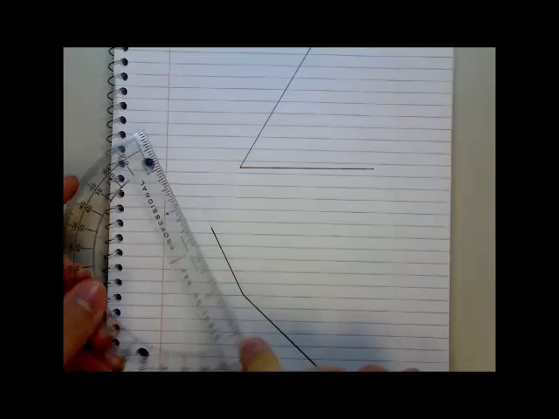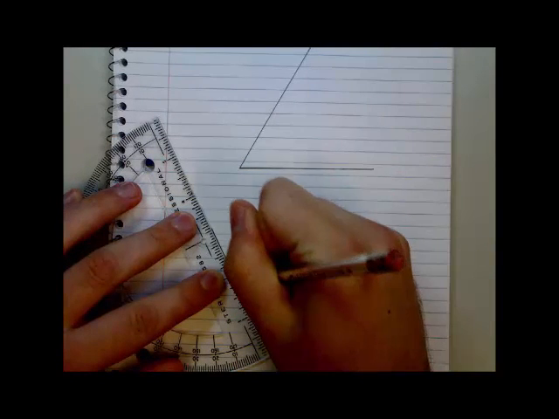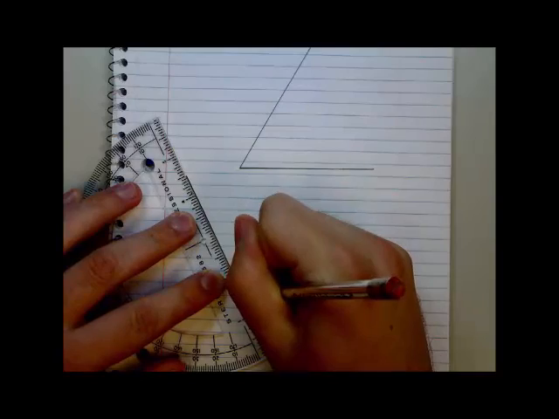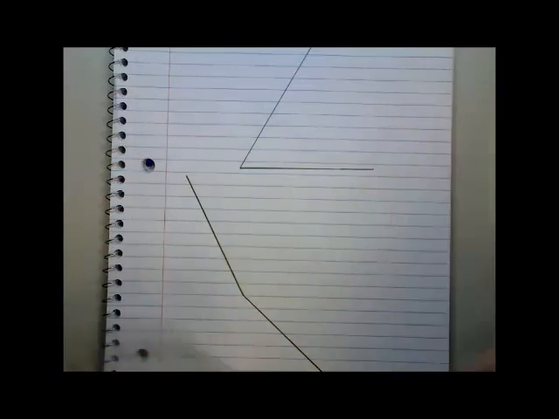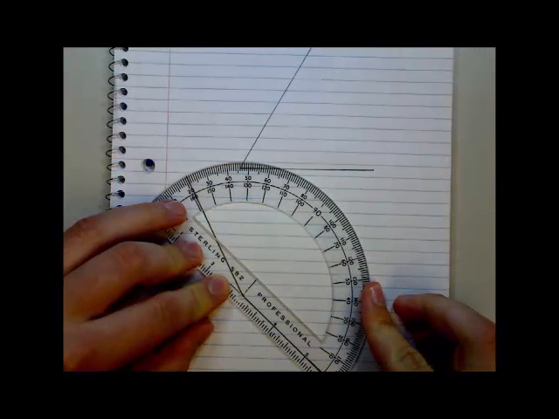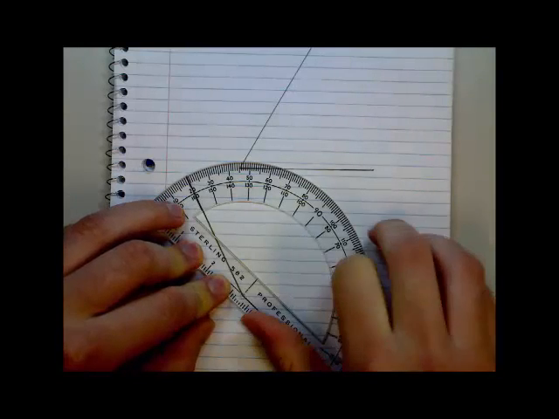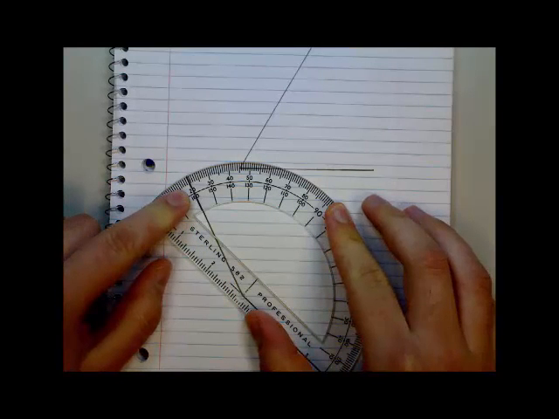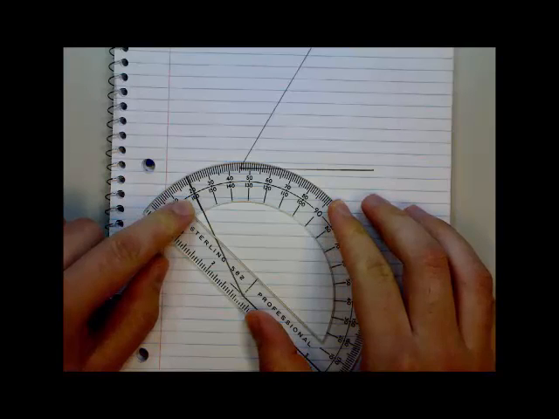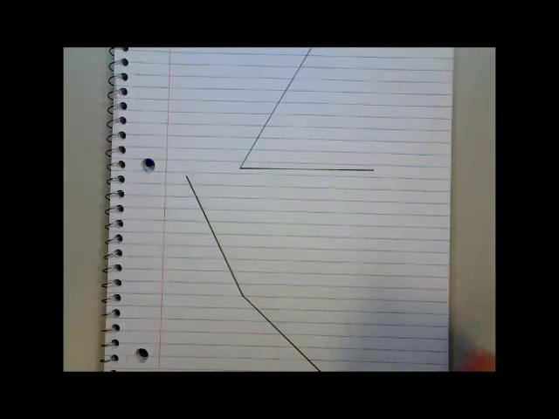So we can use the straight edge of the protractor to extend it outward. Once again, line up the protractor, and we find that this angle has a measurement at the marking of 20-160 degrees, and because we know our angle is obtuse or greater than 90 degrees, it must be 160 degrees in measurement.